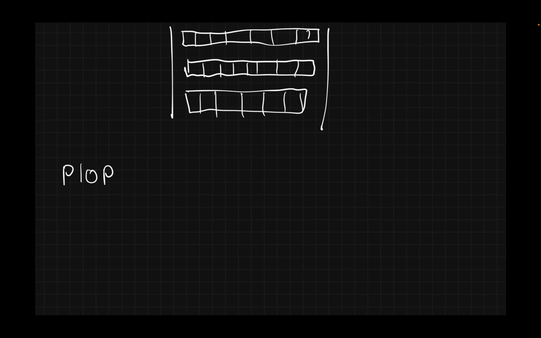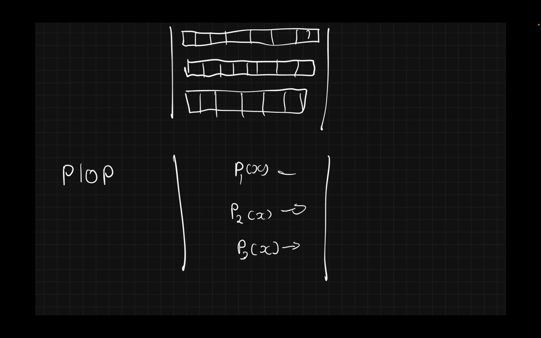So rather than sending a string, you are sending P1 of X, P2 of X, P3 of X. These are like the round polys, for example, or Plonk. Almost everybody now uses PIOPs for their information theoretic part.